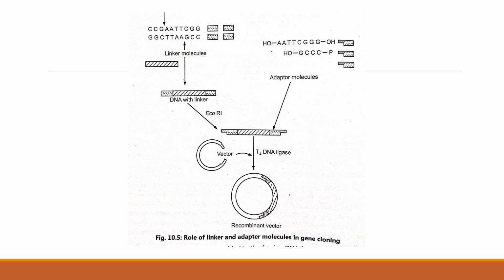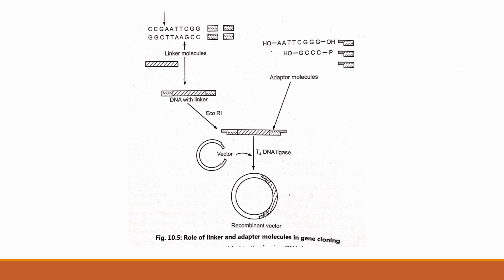Adapters are again double-stranded DNA. One end will be blunt and the other end will be staggered. So it can also get fitted with the target DNA and be inserted into the vector DNA.